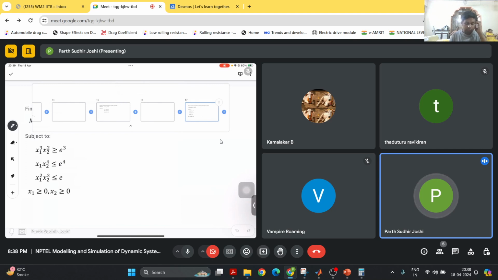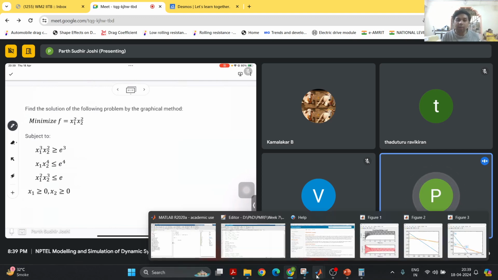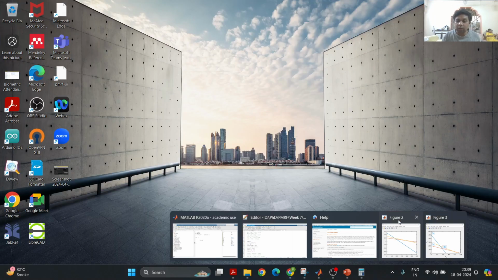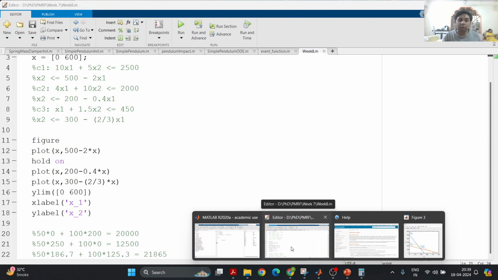I have another problem like this with non-linear objective functions and non-linear constraints, but we can still solve it graphically because it is a 2D problem. So I suggest that we try this example with the non-linear functions and constraints in MATLAB, and the linear problem we can try with that Desmos thing.